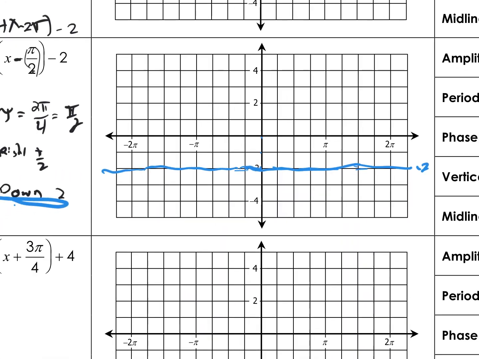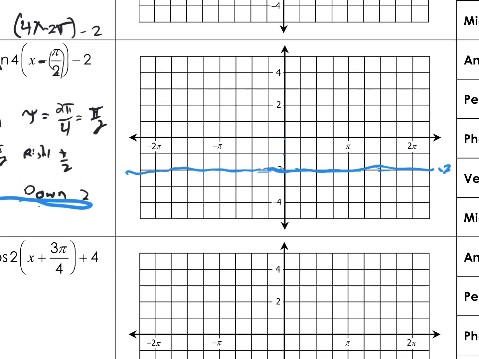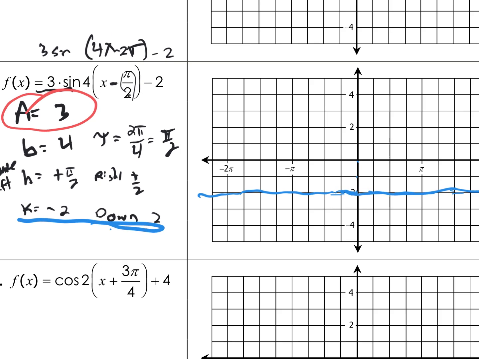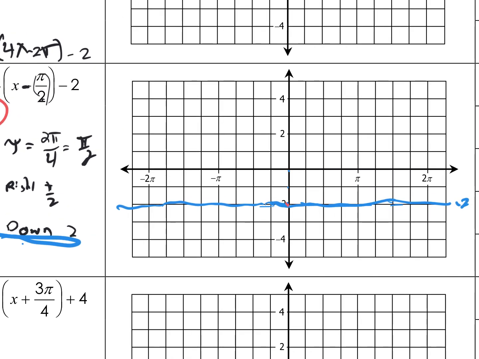Then I say, my next thing, I'll look at my amplitude. What's my amplitude, you said? 3. So I go to my midline, and I'm going to count up 3. 1, 2, 3. That's my top. Correct me if I'm wrong.